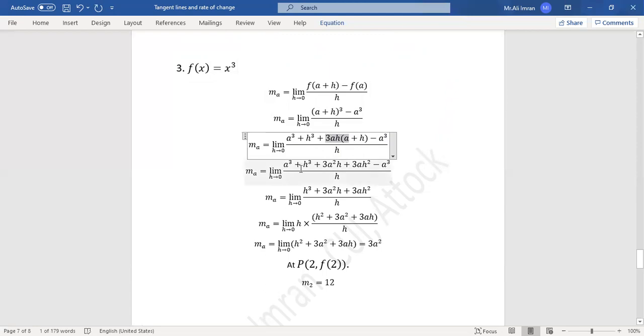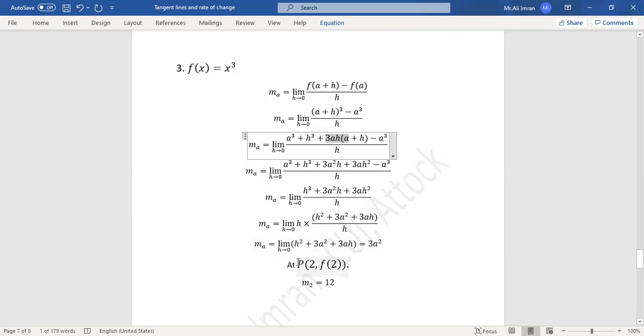Third factor, a cube plus h cube plus 3a square h plus 3ah square minus a cube. Cancelling a cube with minus a cube, we will have h cube plus 3a square h plus 3ah square divided by h, and taking h from the numerator common and cancelling with the denominator, we will have slope of the tangent line at point A is equal to limit h equal to 0, h square plus 3a square plus 3ah is equal to 3a square.